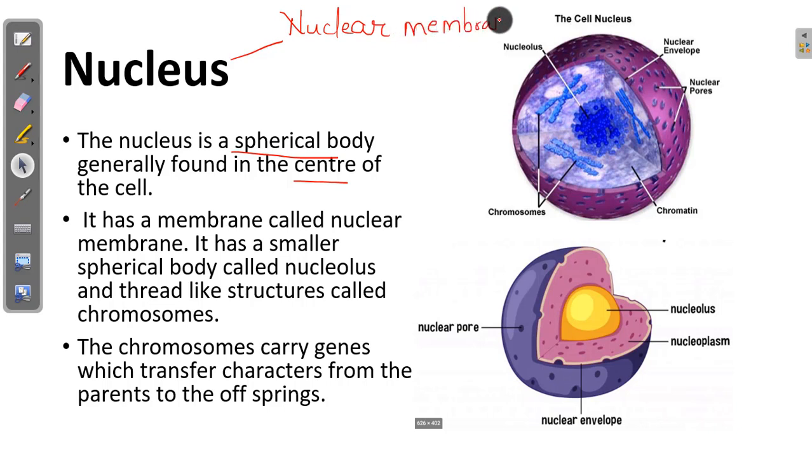Second, it consists of the nucleolus, a round spherical structure present inside the nucleus. And finally you have thread-like structures present inside the nucleus, which are said to be chromosomes. So the nucleus consists of these three important parts.